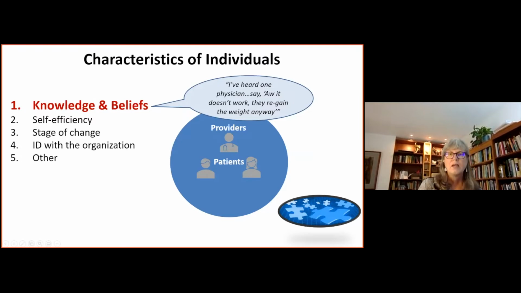I've worked with clinics with this kind of culture that they're kind of reluctant to refer patients to a weight loss program because they don't feel like their patients are going to be successful. And this can be true of other topics as well. So this tells us, wow, we need to have some kind of an awareness or education strategy, some kind of engagement strategy to help flip the perceptions of these providers, because otherwise they're not going to refer patients to this program.